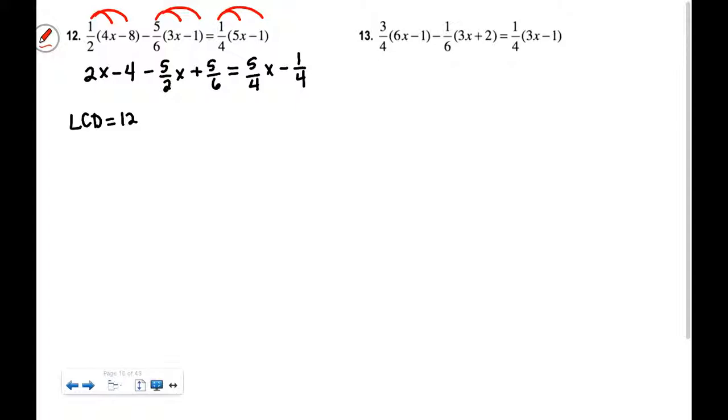So we are going to multiply both sides of the equation by 12. Keep it balanced. It starts out easy enough. 12 times 2 is 24, so 24x. And then I have minus 48. How about the next one? 12 times negative 5 over 2. Negative 30. All right, so negative 30x. And then plus 12 times 5 over 6.